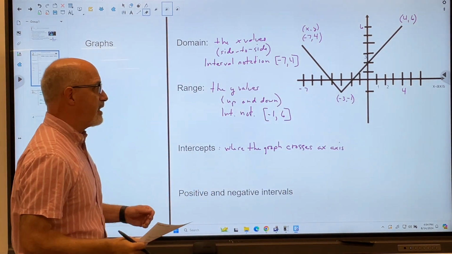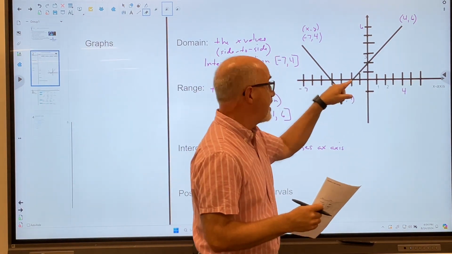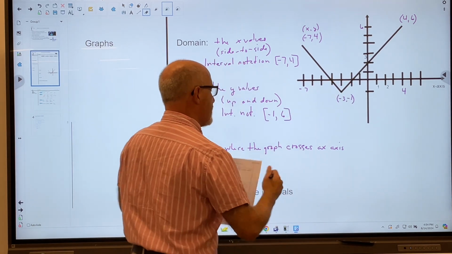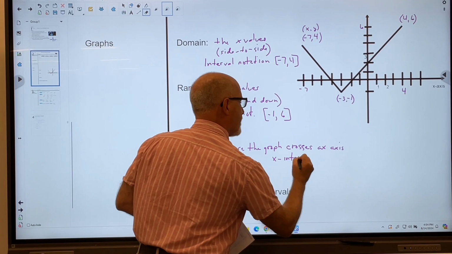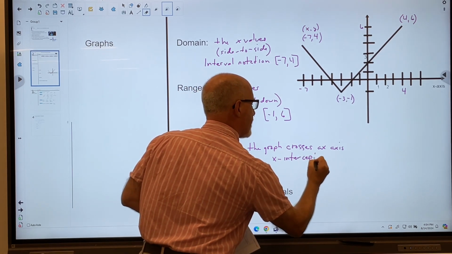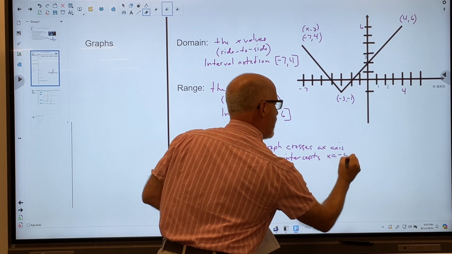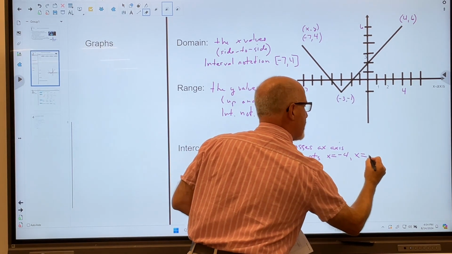Now, if you look at these, it crosses the x-axis here. Here's the x-axis. So x-intercepts at x equals -4, and also x equals -2.